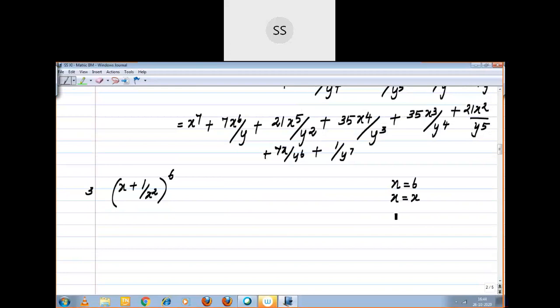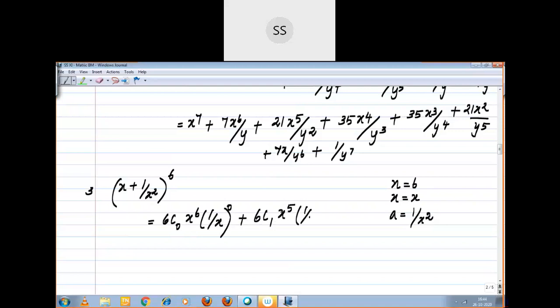Here what is your n? n equal to 6, x is equal to x, a equal to 1 by x square, right? Now, I said n is 6. So 6c0 x power 6 into 1 by x square the whole power 0 plus 6c1 x power 5.